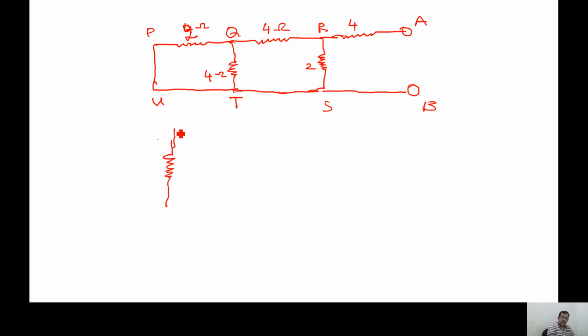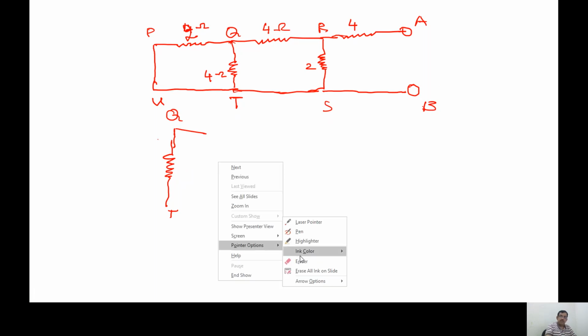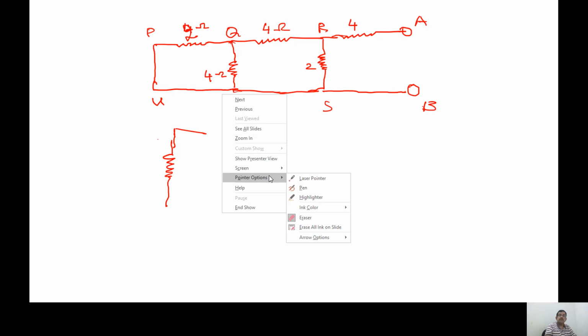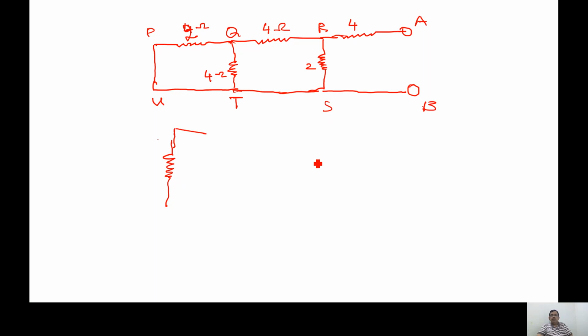Let me not put the labels now because it will cause confusion. For R1 and R2 in parallel, the equivalent is R1 R2 divided by R1 plus R2, so 4 into 2 is 8 by 6, that is 4 by 3 ohm.